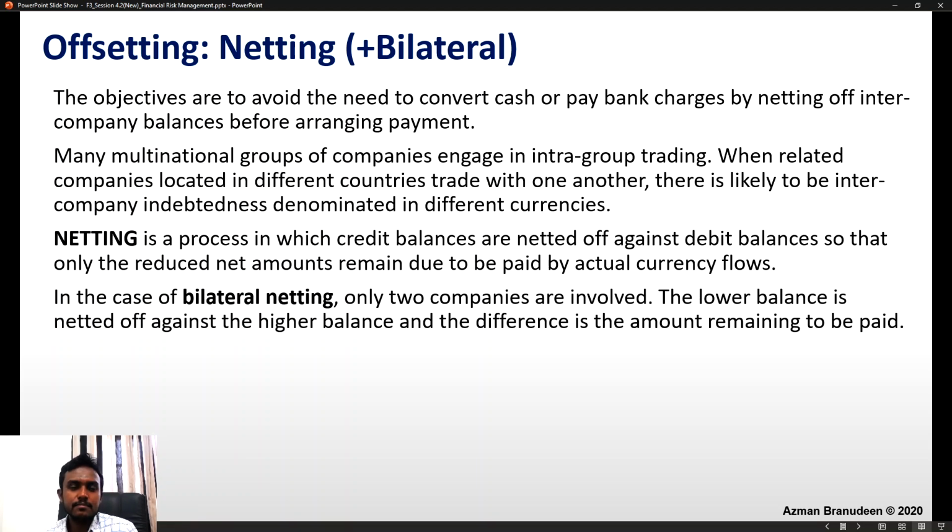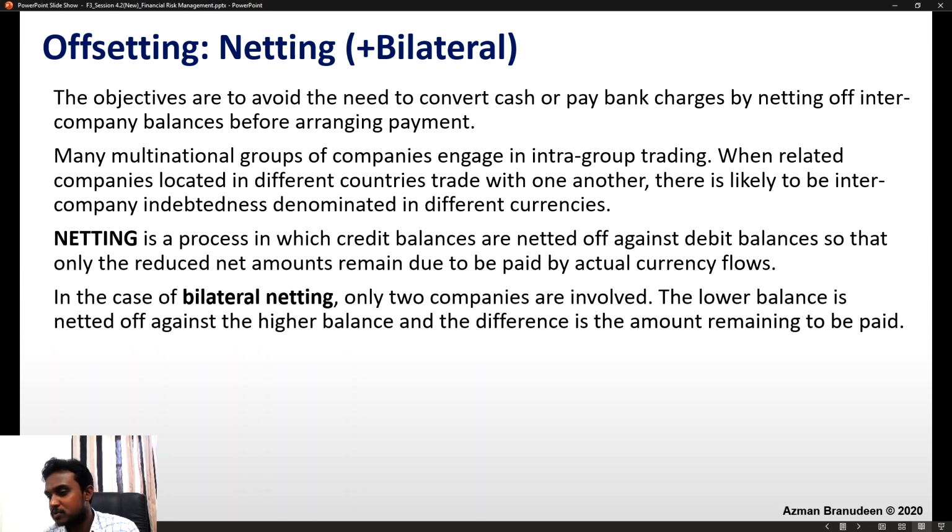In the case of bilateral netting, only two companies are involved. When there are more companies, you call it multilateral netting. The lower balance is netted off against the higher balance, and the difference is the amount remaining to be paid. Fairly simple.